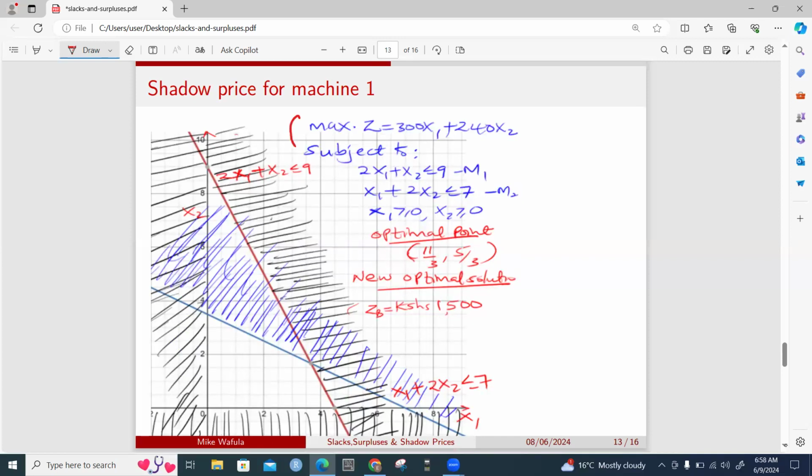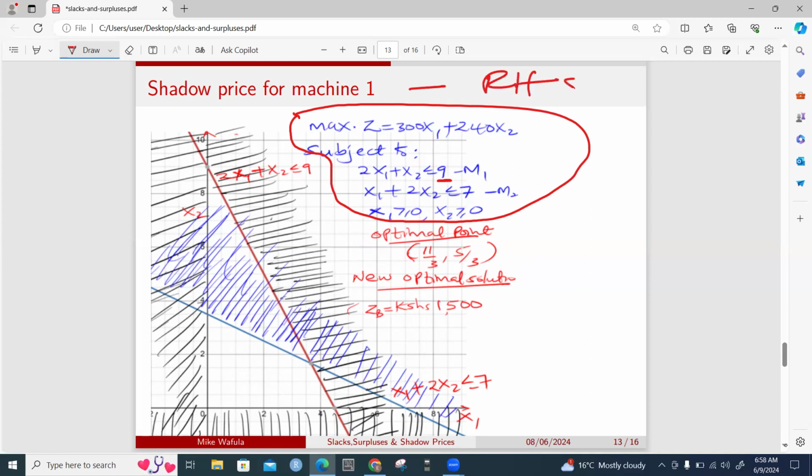So this is how the linear programming model for computing the shadow price for machine 1 will appear. So I've only altered the right-hand side of machine 1. Remember, we are doing sensitivity analysis on the right-hand side of machine 1 if you want to get shadow prices. So you realize that now if I solve these two simultaneously, my solution changes.